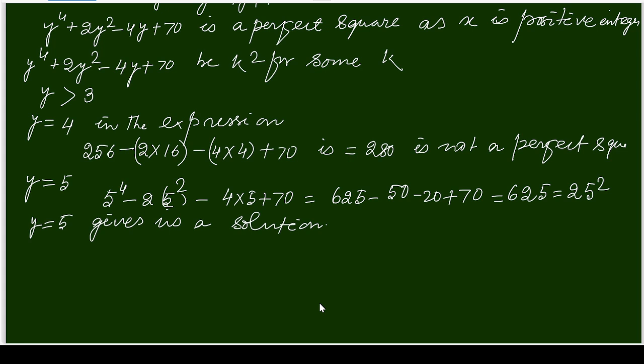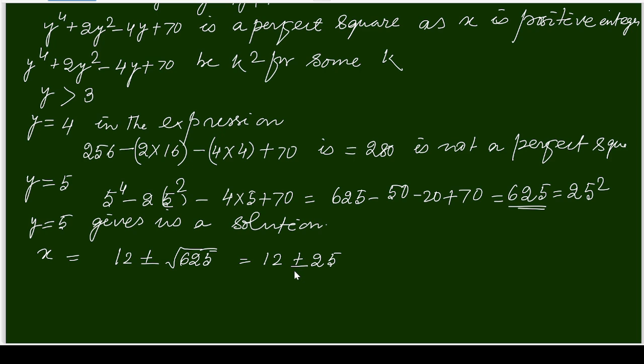Now when y equals 5, what is x? x equals 12 plus or minus the square root of 625, which equals 12 plus or minus 25.